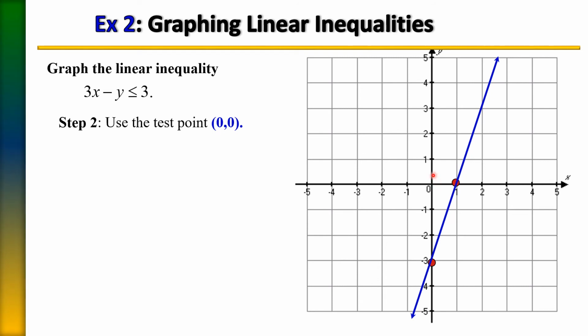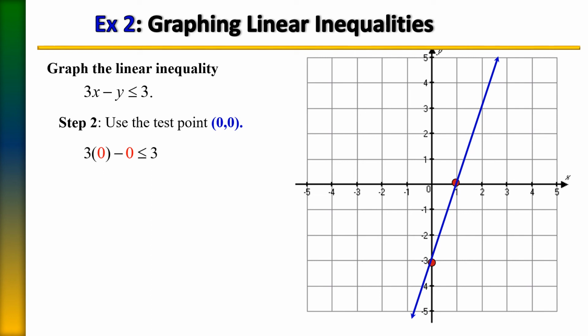If we get a true, that means we're going to shade the left hand or the upper region. And if we get a false, we're going to shade the right hand or the lower region. So let's plug in a 0 for x and a 0 for y.